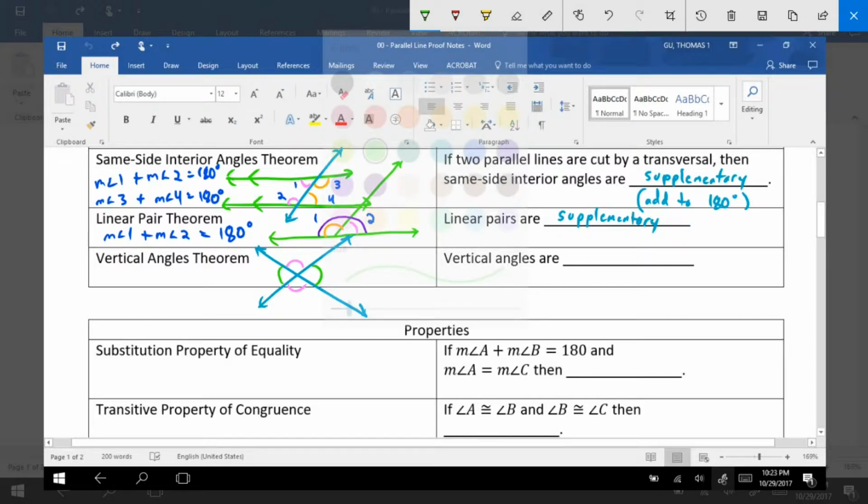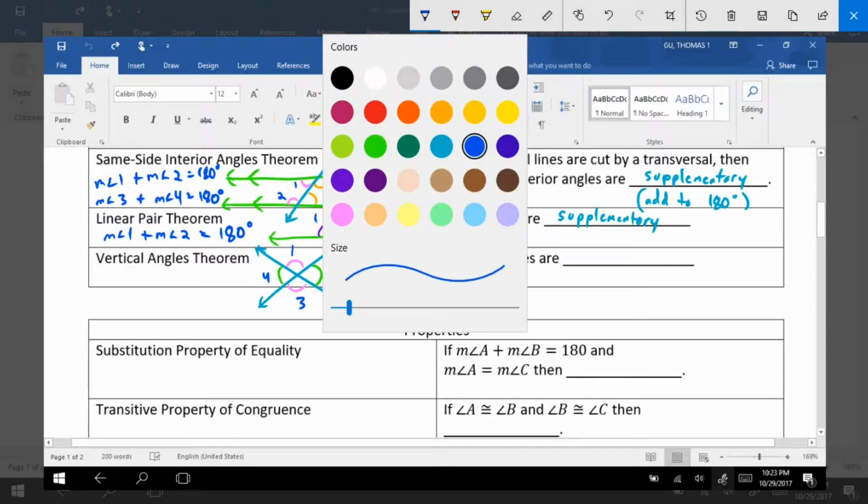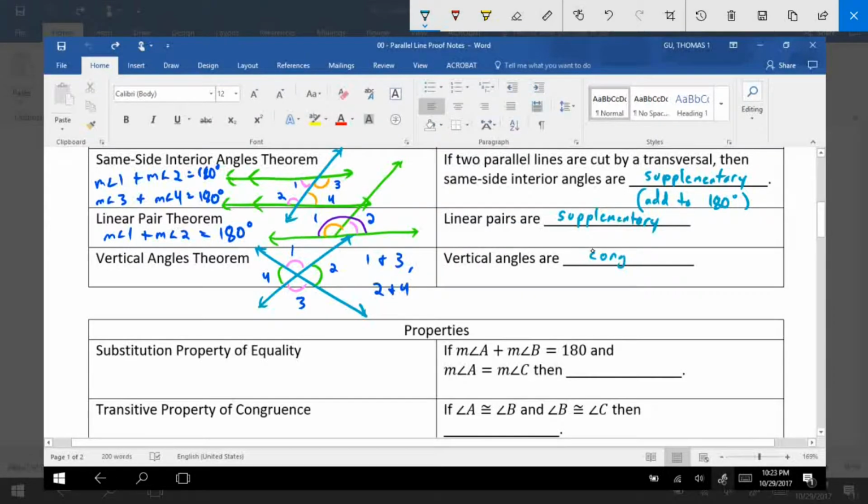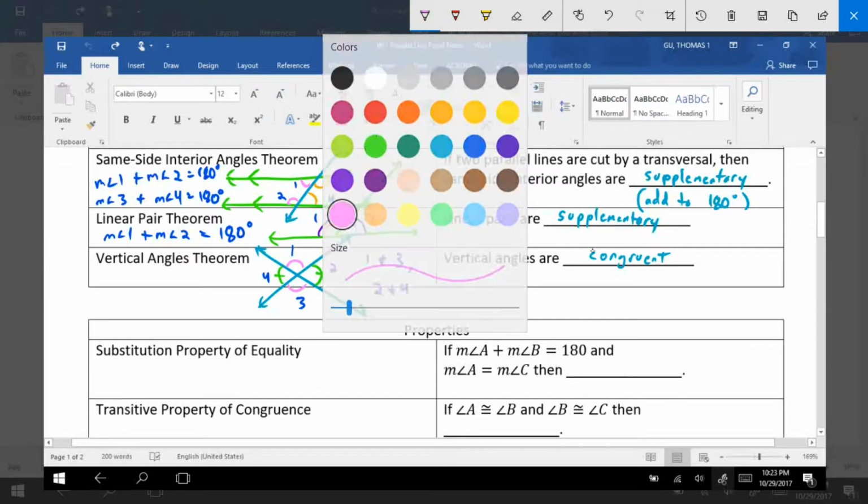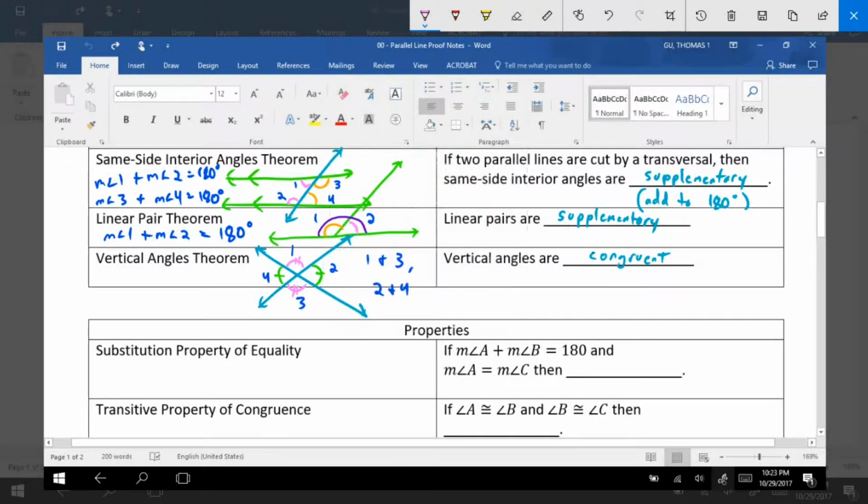If I were to label them with numbers, angle 1, 2, 3, and 4, which pairs are vertical? Remember, it would be 1 and 3, and 2 and 4. And what's the rule about vertical angles? Look in your old notes. They're congruent. So if I wanted to finish labeling this picture, I would draw this congruent. There we go.